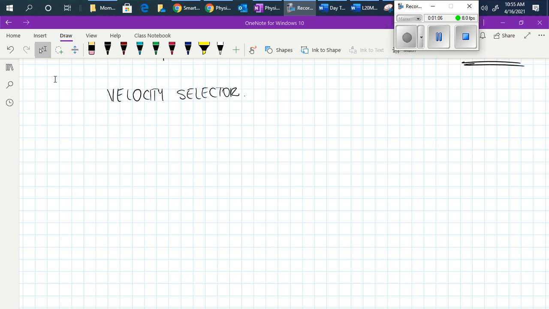Now, the electric field and magnetic field are both perpendicular, so the velocity of the charged particle is perpendicular to those two fields. And in this way, what the velocity selector is selecting is charges that are moving undeflected into this equipment. I will bring a picture here so that we can have it a bit more clear.